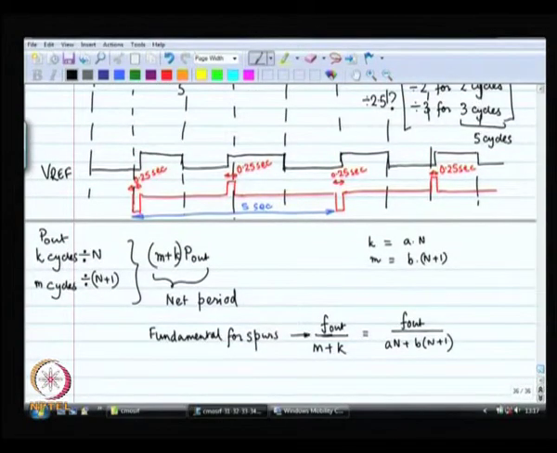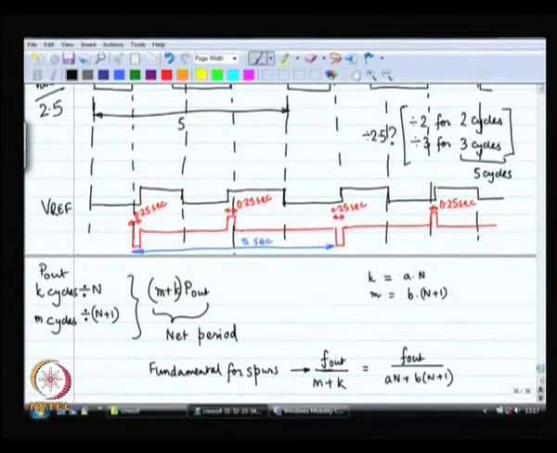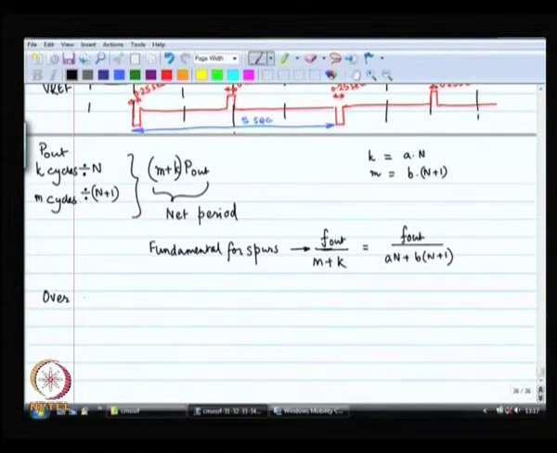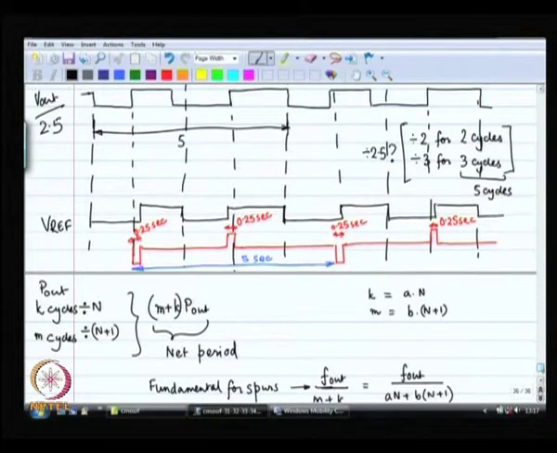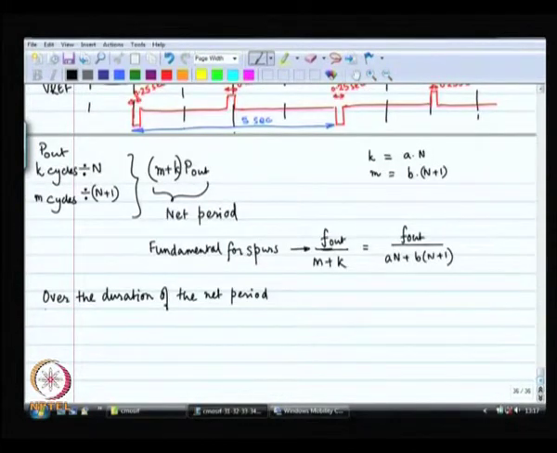Now, over this net period, over the duration of the net period, how many cycles, how many times is the divided voltage going up and down? That is the question. So, as long as I am dividing by n, I am dividing k cycles by n.